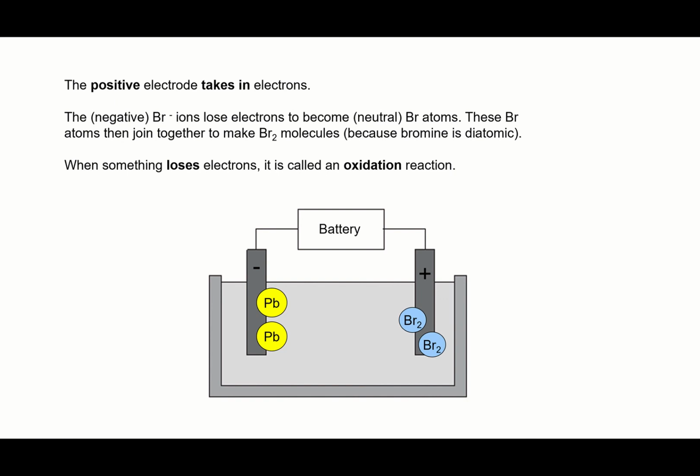Now, in the case of these diatomics, you just have to remember it. There are 7 diatomic elements. They exist naturally as two atoms bonded together. They are hydrogen, nitrogen, oxygen, fluorine, chlorine, bromine, and iodine. If you were to colour them in on the periodic table, they would look like the number 7.